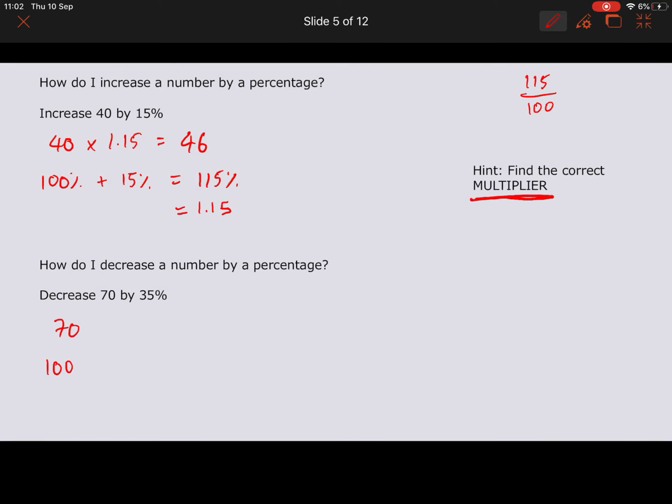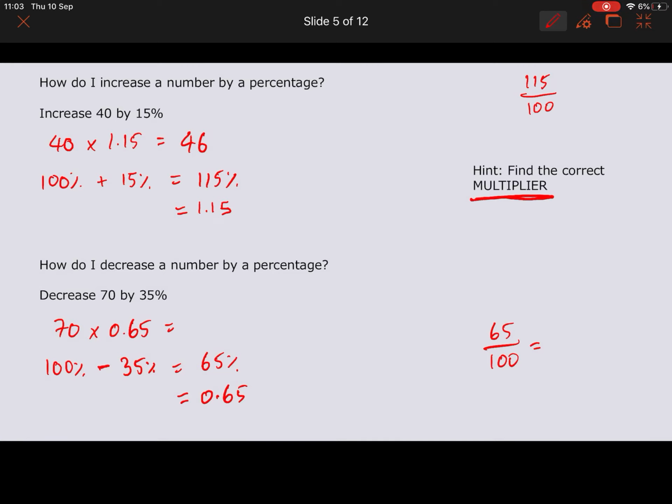Okay? Now decreasing a number by a percentage is pretty much the same thing. Only this time, well, same thing, you're going to start off with 70 is 100%, okay? But this time I want to decrease, so we want to get smaller by 35%, which is equal to 65%. Again, divide that by 100, so 65 divided by 100.